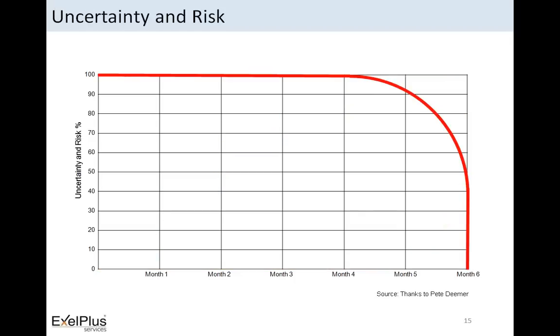Uncertainties and risks in both the methods. Let's see in the waterfall approach what happens: since we don't do any testing in the initial phases, we do the testing and fix the bugs, and when we deliver the software with the expected quality, that much risk and all the uncertainties involved are reduced.